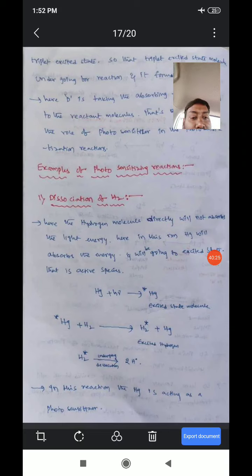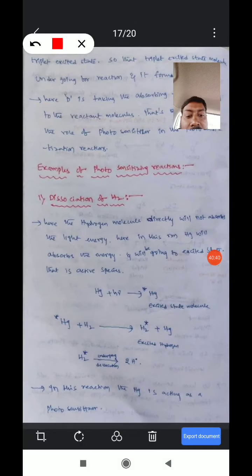In this reaction, mercury absorbs the light energy and goes to an excited state. Mercury absorbs the light energy and goes to the excited state, that is the active species.